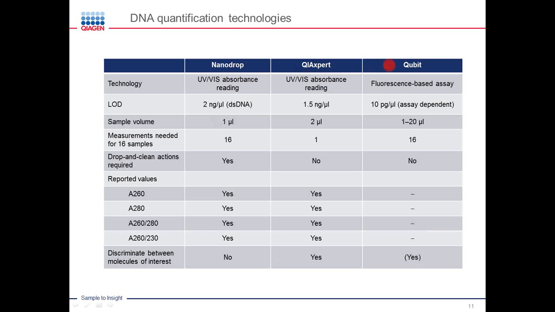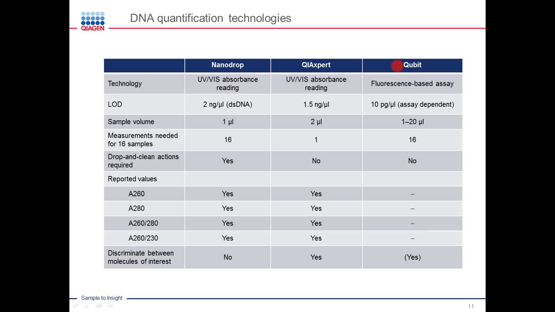So this assay contains a dye that only provides a light signal when bound to DNA, which means that only the molecule of interest, so DNA, is measured here, and no potential contaminants, including, for example, residual RNA, which still might be in the sample, is measured using this technology.